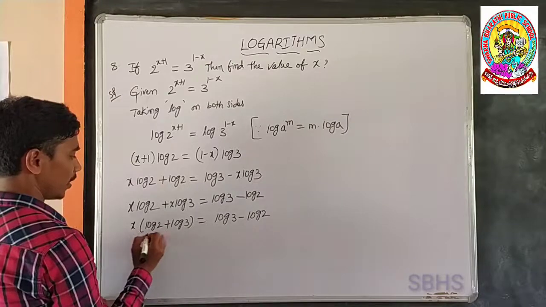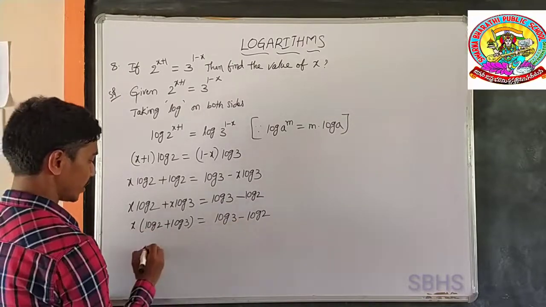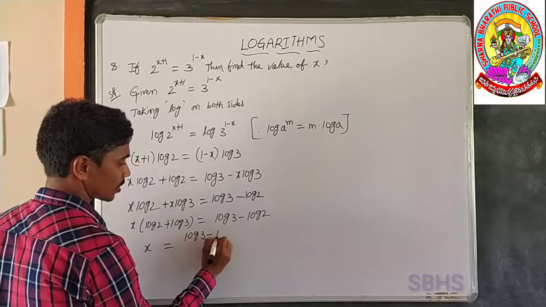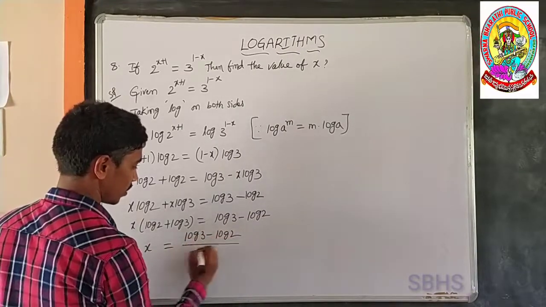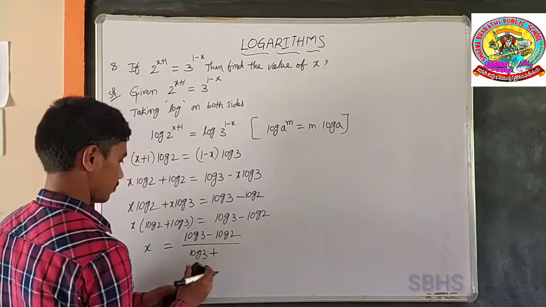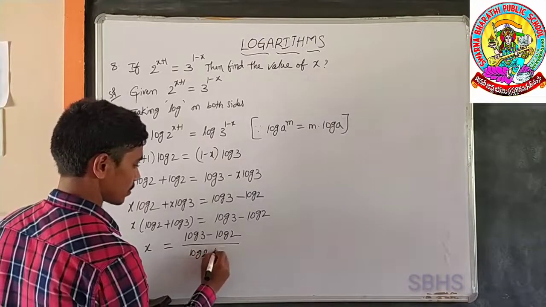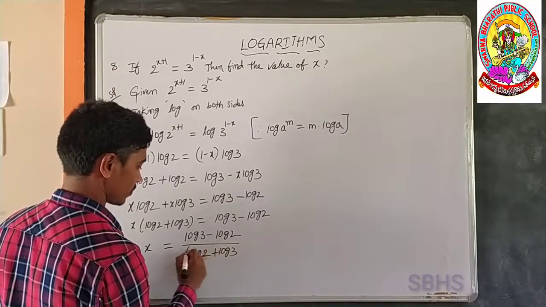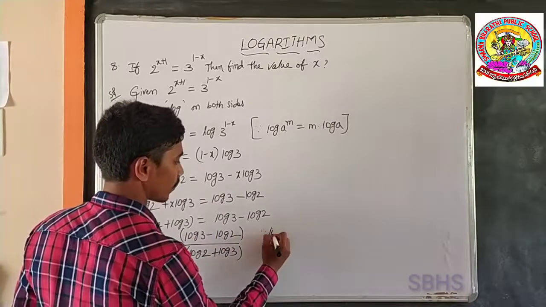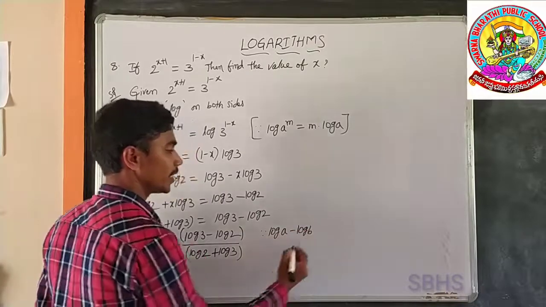Here it is multiplying with x. If you transpose log 2 plus log 3 to the right hand side, it becomes divided by: x is equal to log 3 minus log 2 divided by log 2 plus log 3. Observe the numerator, it is in the form of log a minus log b. What would it be?